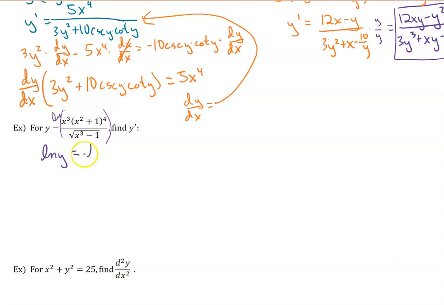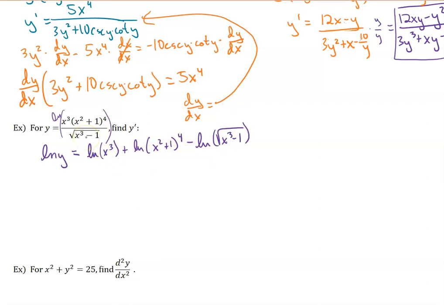So I'm going to have the natural log of x cubed plus the natural log of x squared plus 1 to the fourth minus the natural log of x cubed minus the square root of x cubed minus 1. Okay, so already this is looking better because now, even though I have more terms, I'm not going to have to use the product and quotient rule.